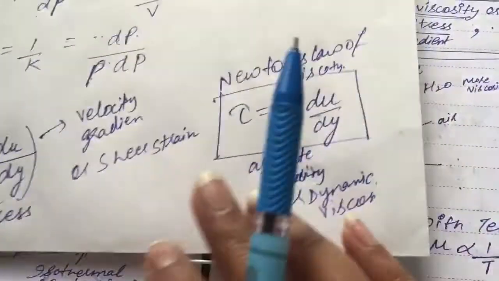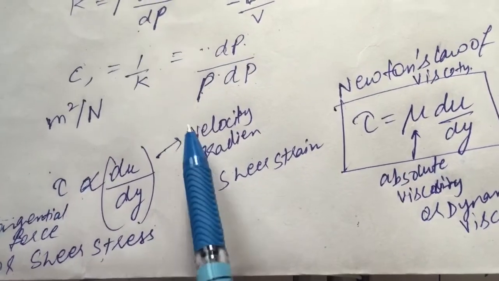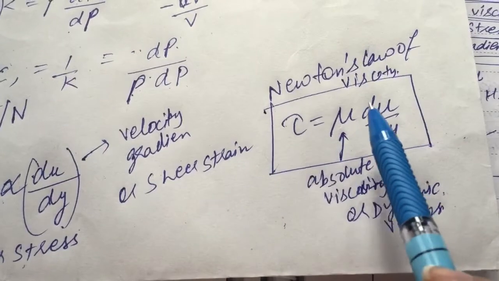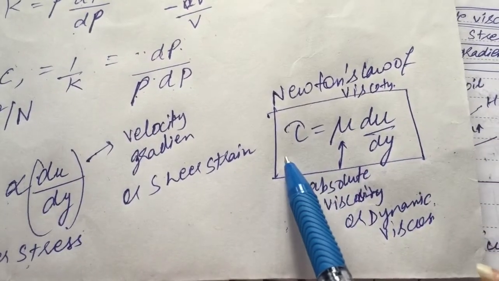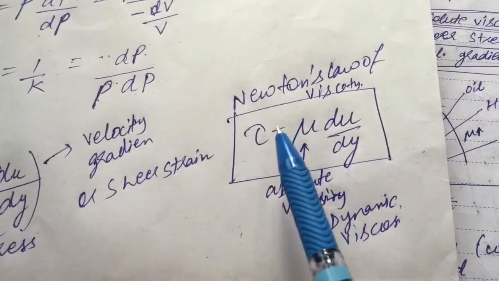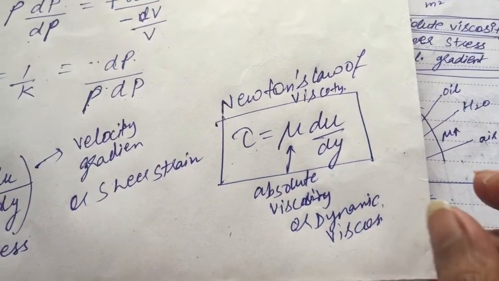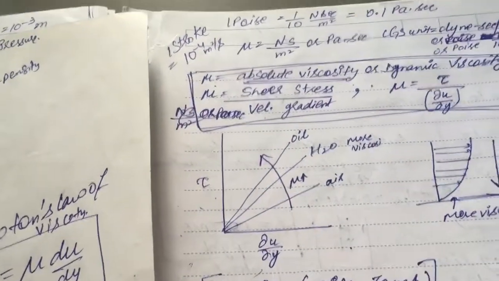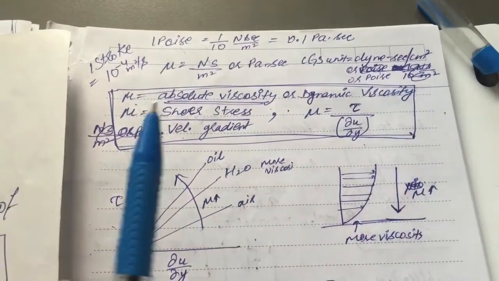So in this we know that our tau is shear stress and du by dy is velocity gradient, and tau is equal to mu into du by dy. So mu would be tau by du by dy. So our absolute viscosity would be equal to shear stress by velocity gradient.